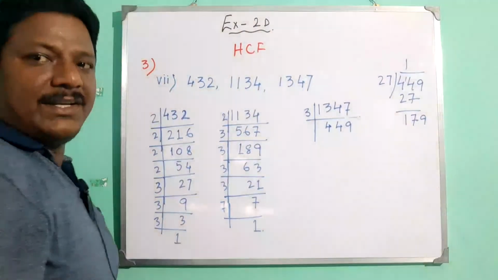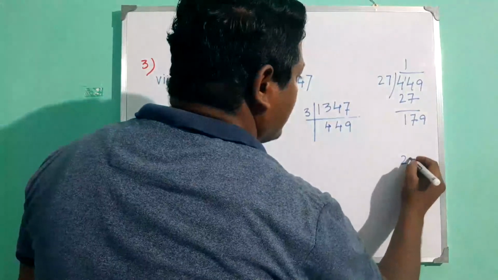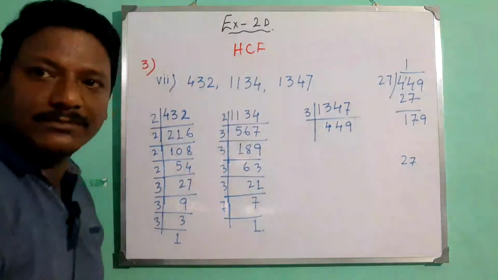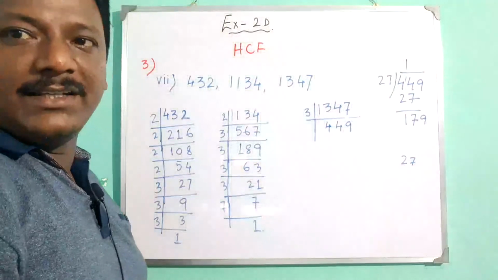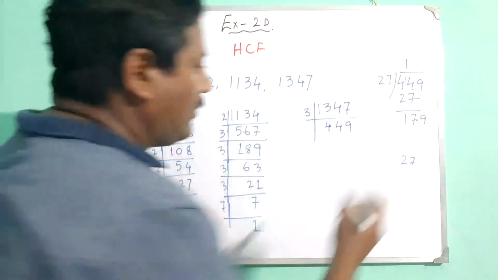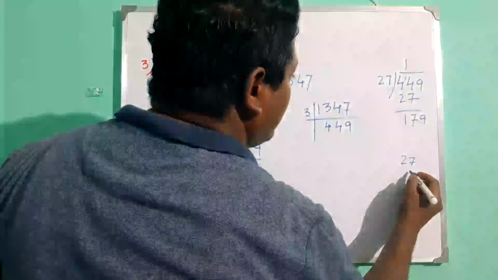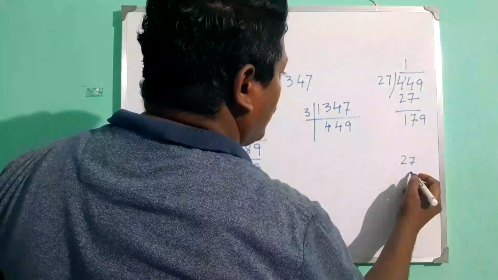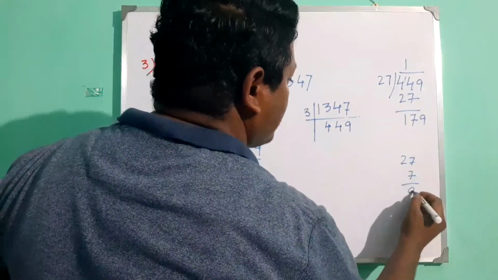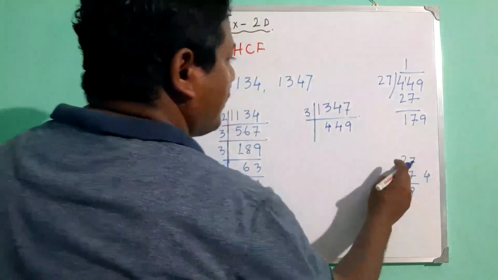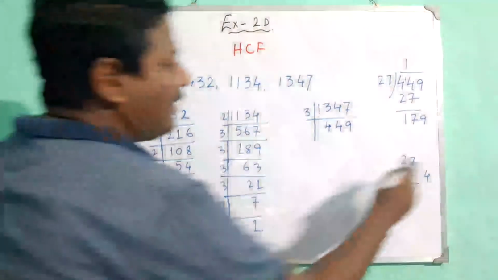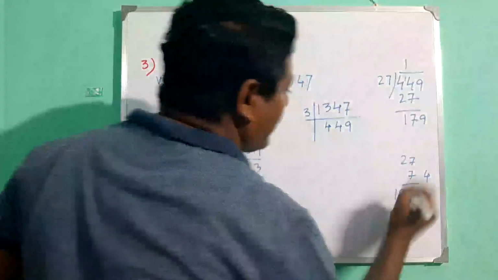In 27, 9, how many times? Let us check. 7 7s are 49, carry 4, 7 2s are 14 and 4 is 18.